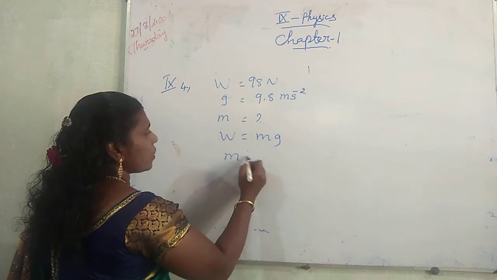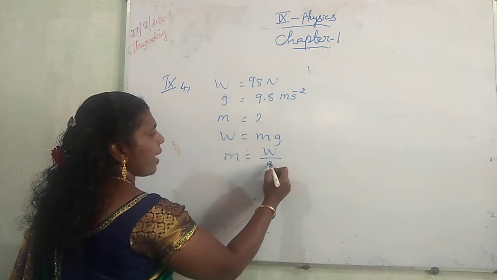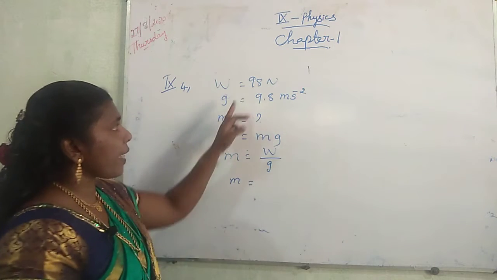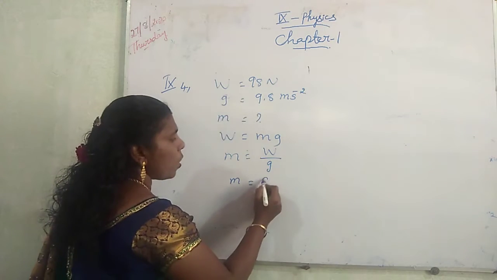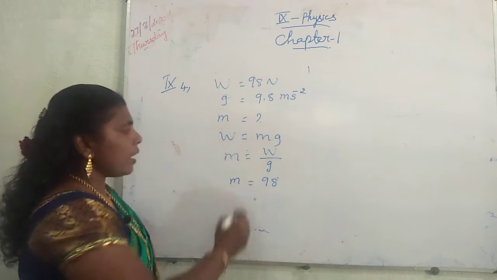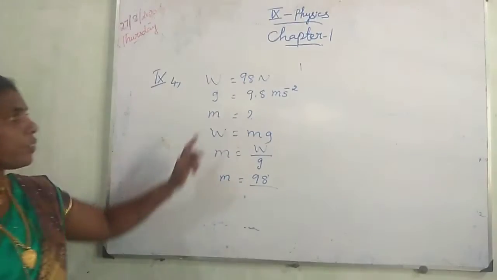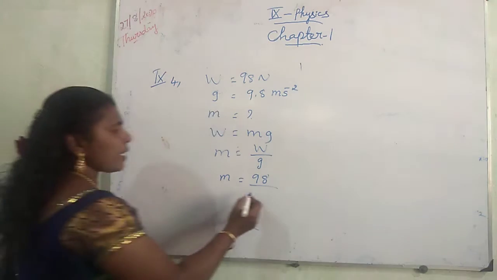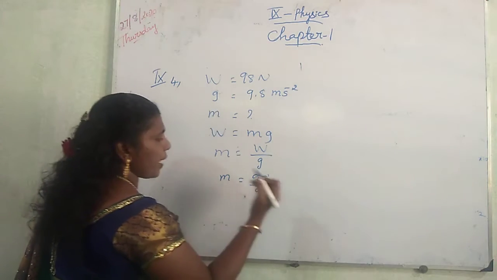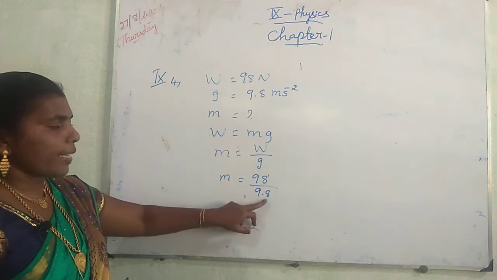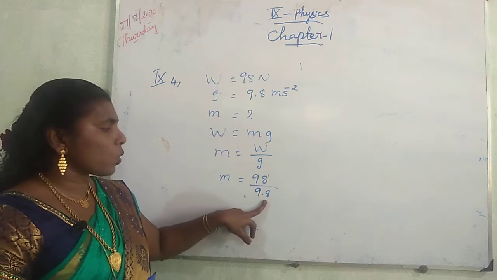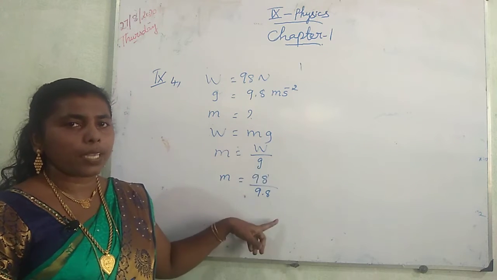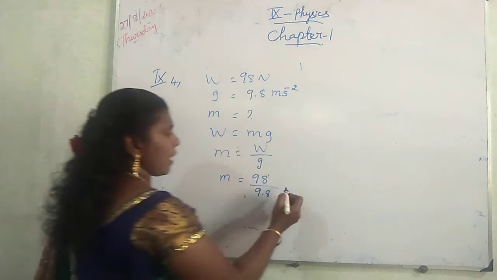So m equal to weight divided by acceleration due to gravity. m equal to 98 divided by 9.8. Since there is only one number after the decimal point, we multiply numerator and denominator by 10.